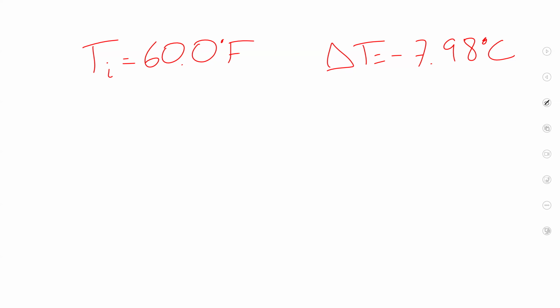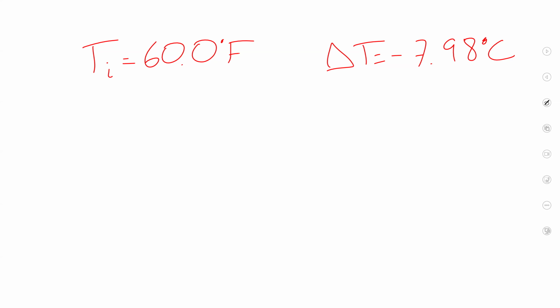So delta T is negative 7.98 degrees Celsius. And our initial temperature is 60.0 degrees Fahrenheit. So we just want to put that Fahrenheit in Celsius before we can find our final temperature.